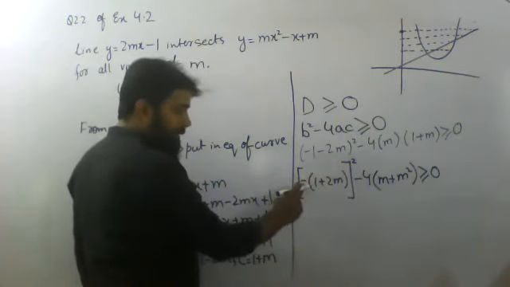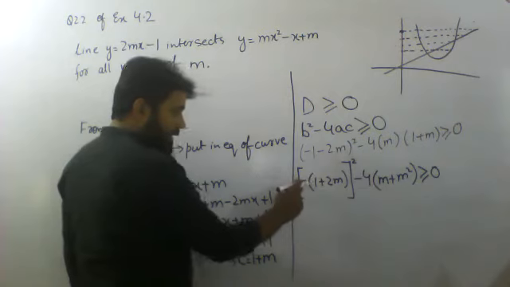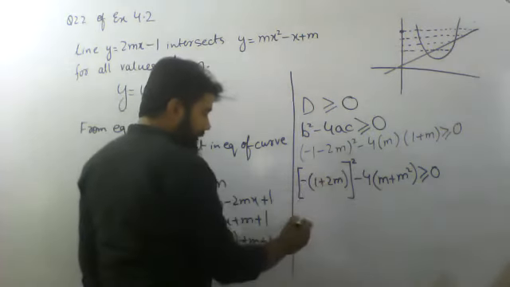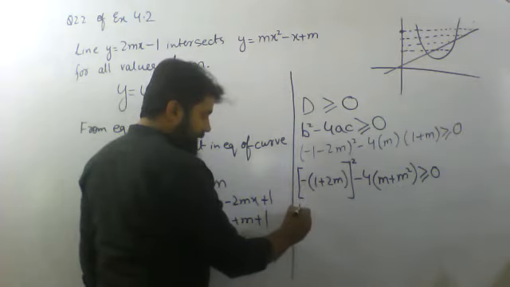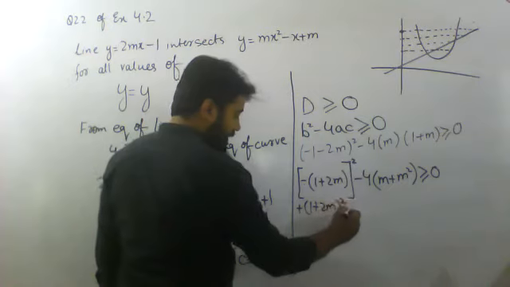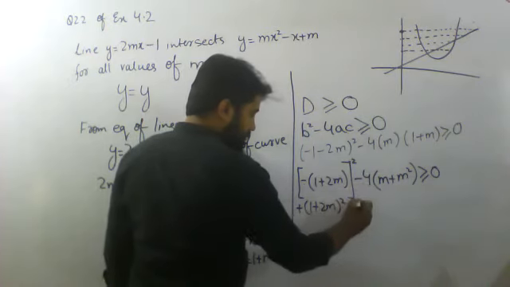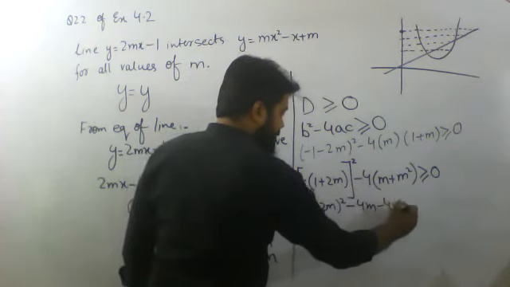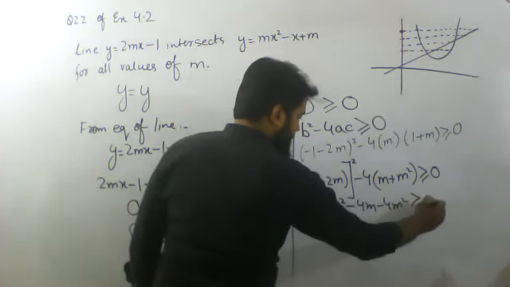Square being applied on the minus sign, square on a minus sign will become plus. So minus minus will become plus: 1 plus 2m whole square, minus 4m minus 4m square, greater than or equal to 0.